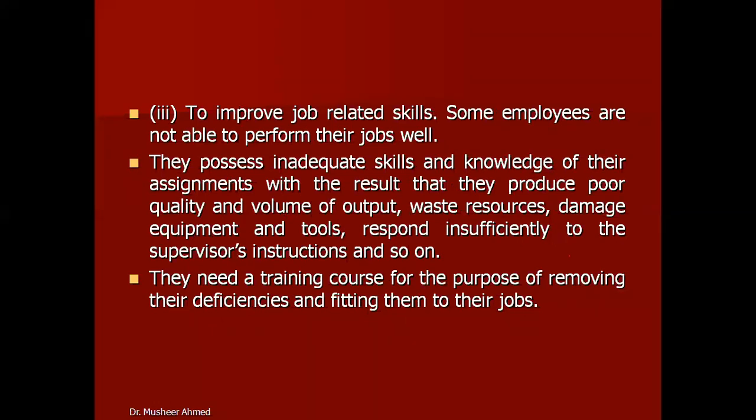Second objective, to improve the job related skills. Some employees are not able to perform their job well because of one reason or another. They possess inadequate skills and knowledge of their assignments, because of which they give poor quality in their work, their volume of output is less, and moreover they cause a lot of wastage.